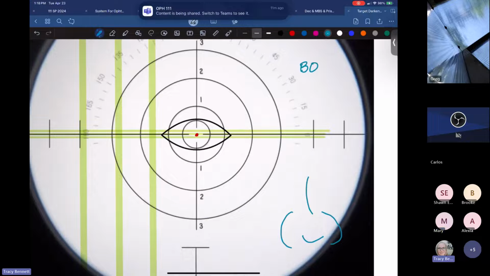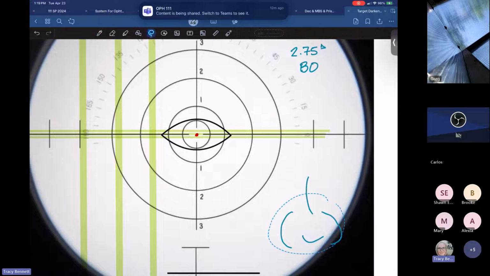So it's base out, and then how much? Where are we at on the target? We're between the 2 and the 3. We're not quite halfway, or we're a little bit beyond halfway. What would you guys say that was? I don't know, 2.75. 2.75, that's what I would say. Yeah, 2.75 base out. So that's how much prism that one's experiencing.